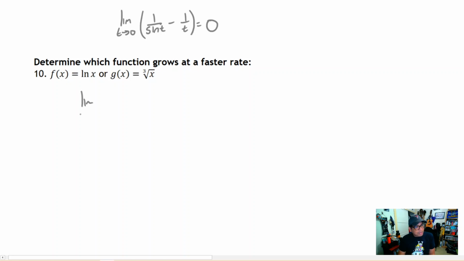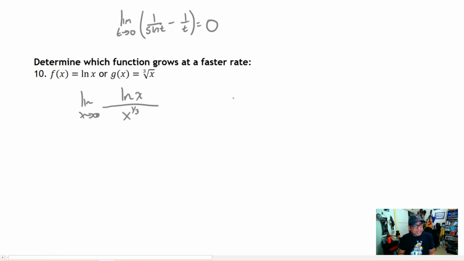So let's see, the limit as x approaches infinity, and we're going to do the slower function on top and the faster function on the denominator. And if this does go to 0, then we did prove that the function on the denominator grows faster than the function on the numerator.